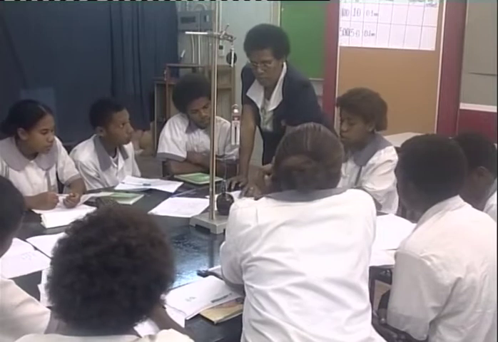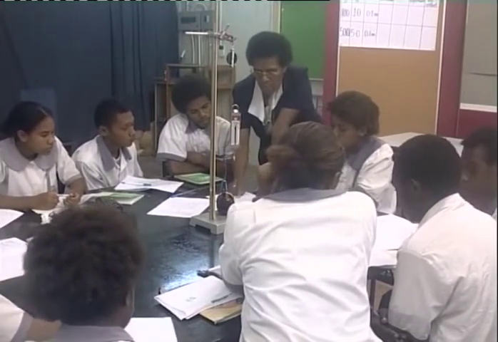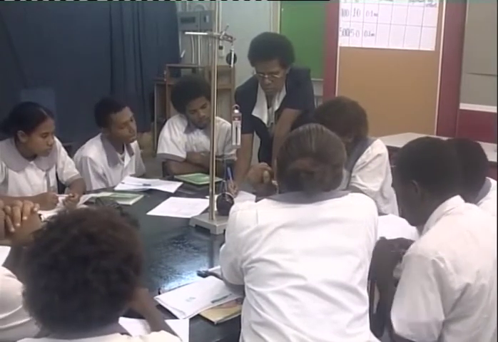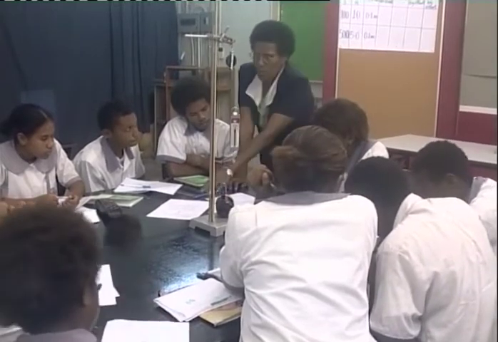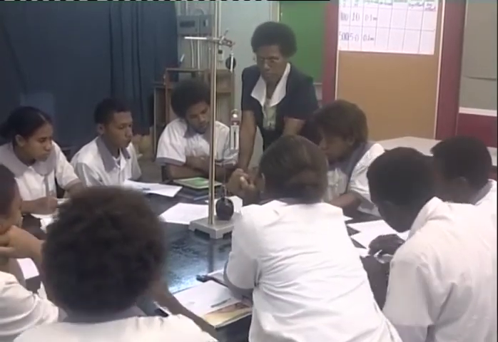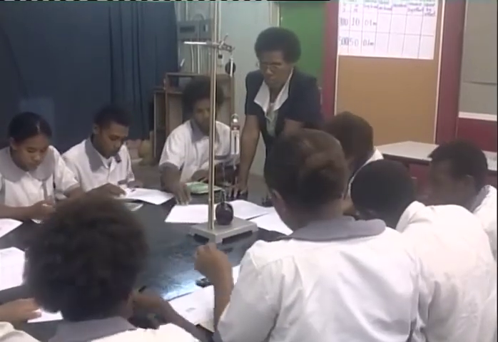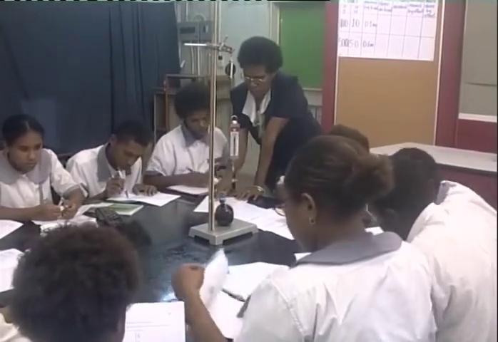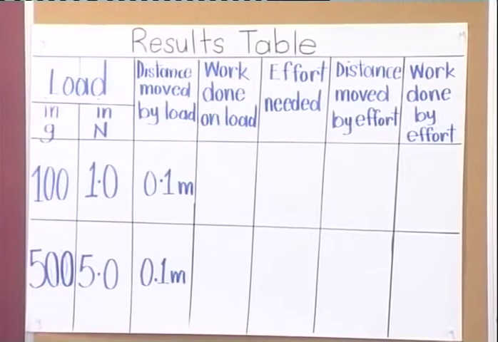You multiply with that to find your answer for work done. For the effort, the effort needed is the force, times the distance 0.25. Multiply that.